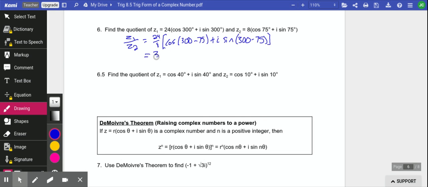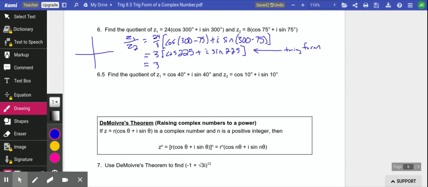So we get 3 cosine of 225 plus I sine of 225. Okay, this is your answer in trig form. I think we want our answer in standard form today, so we need to evaluate this. So we have 3, 225 is over here in the third quadrant.